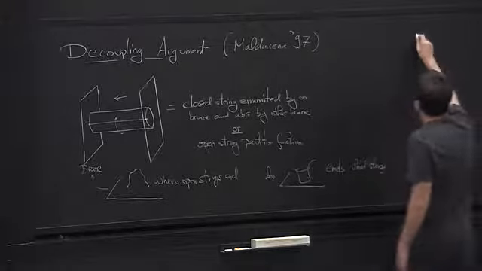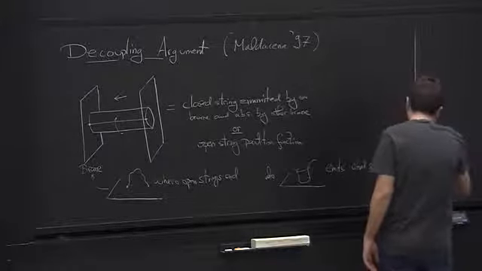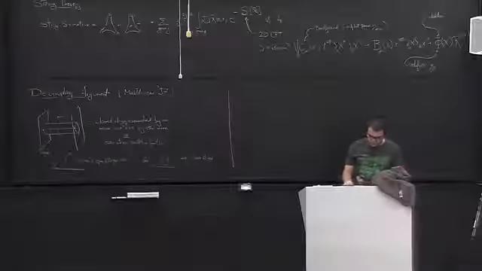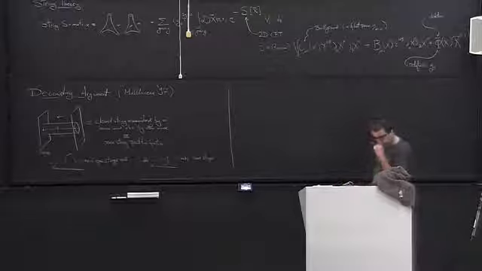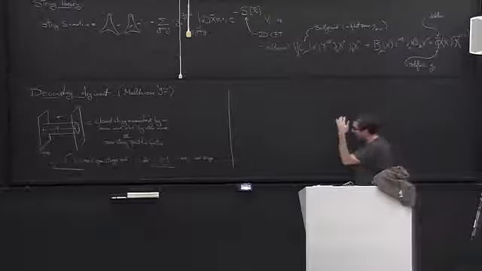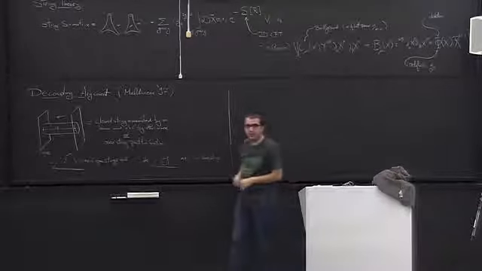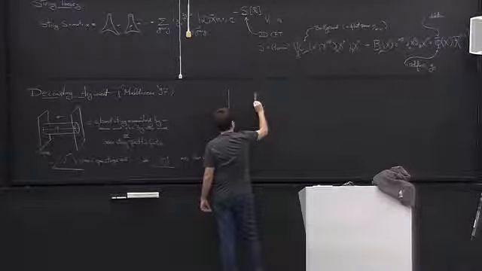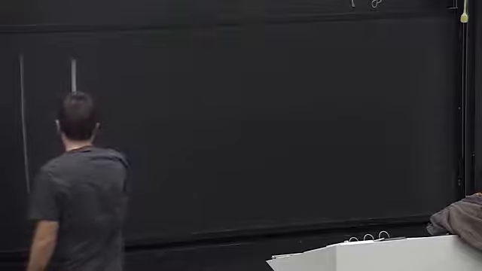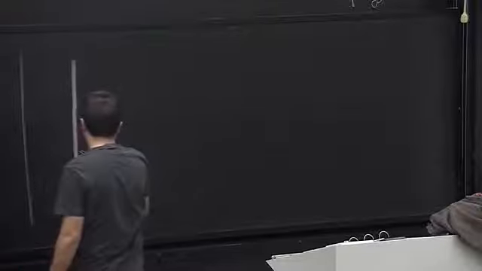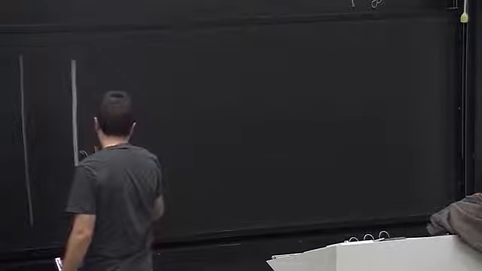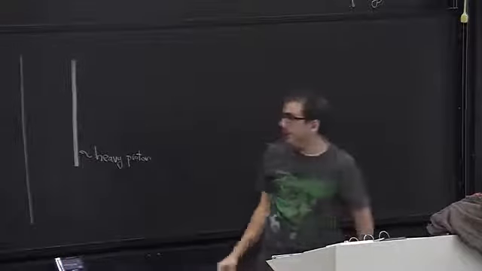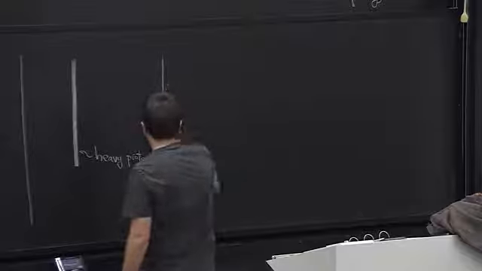But now let's try to be a bit more concrete and consider some simple examples. Let's consider a proton, which is heavy, and a light electron that is flying by this heavy proton. So this guy is some heavy proton, and then we have some light electron.